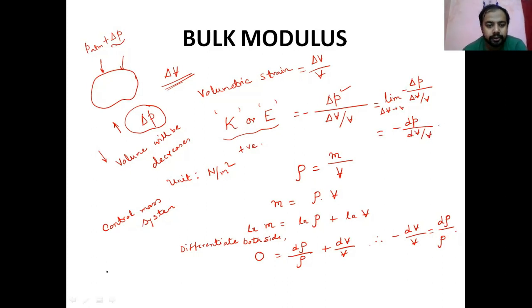Our value of K, the bulk modulus, can be written as dP divided by d rho by rho, or rho dP by d rho. This is the way to write it.